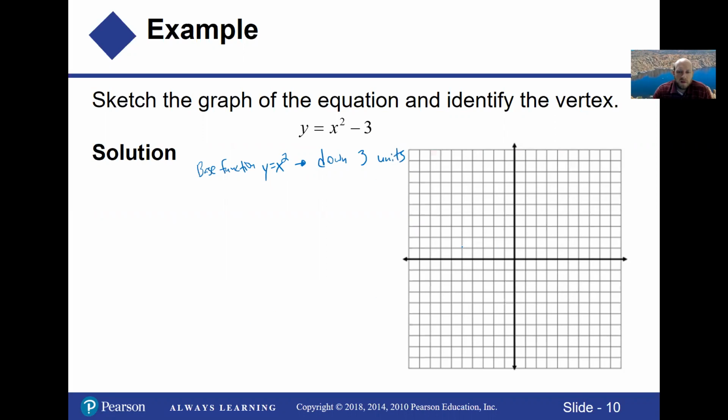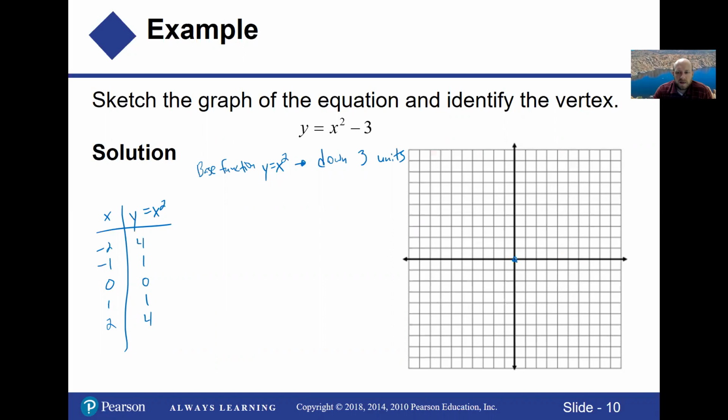If you don't know the graph of y equals x squared, figure it out: put in some points. Take -2, -1, 0, 1, and 2 and square them: -2 squared is 4, -1 squared is 1, 0 squared is 0, then 1 and 4.